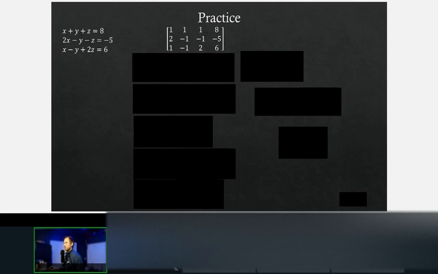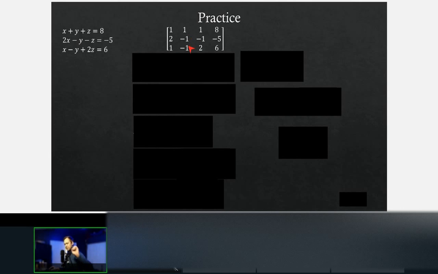All right, so before we kind of get into this problem, let's talk about this. To solve this into RREF, reduced row echelon form, we want to have ones in the diagonal, and then we want the other ones around it to be zeros. This last column here can be anything, but we want the diagonals to be 1 and everything else to be zeros.